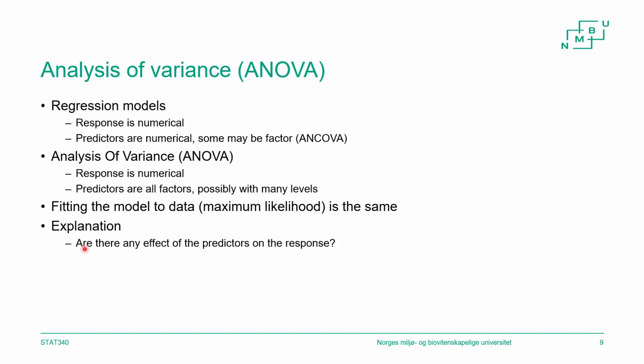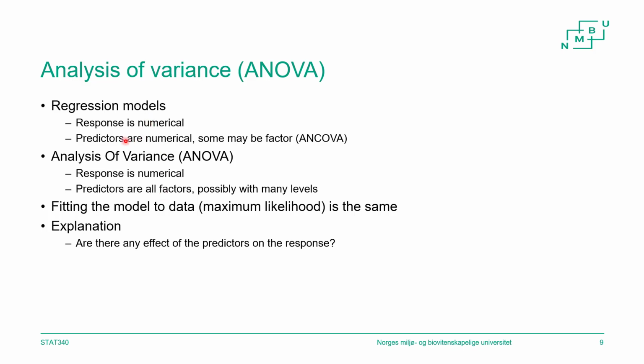Prediction problems that we mentioned a lot when we talked about regression, I would say that this is not typical for ANOVA models. We are not that interested in prediction here, simply because we have all these factors with levels, and it's impossible to extrapolate outside the existing factor levels.